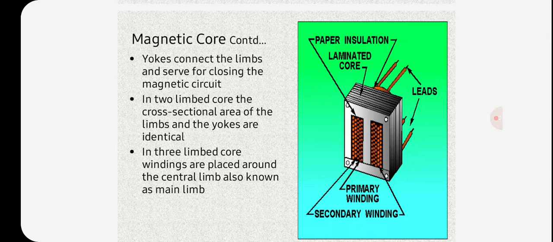Core stepping not only gives high space factor but also results in reduced length of the mean turn and consequent I square R loss. I square R loss means copper losses.